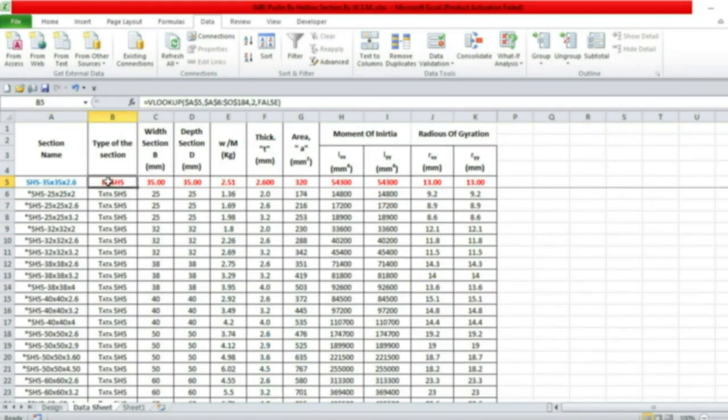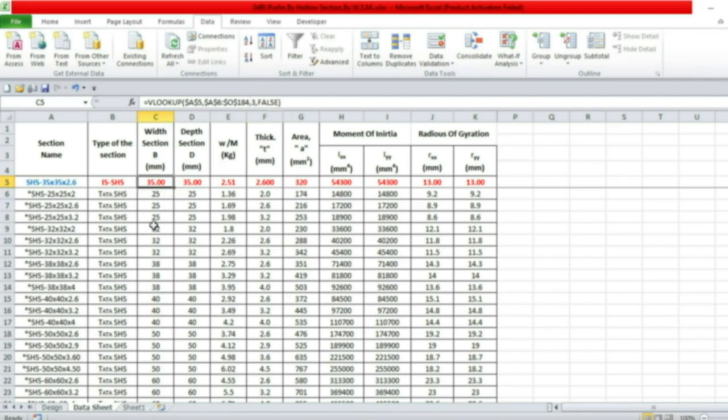Here I have used the VLOOKUP. First I have to look up this value from this chart, and these two refer to column number 2. Similarly, this is column number 3.